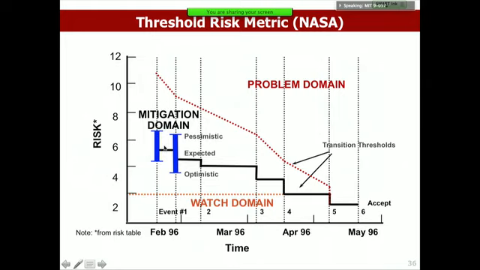Okay? And depending on whether you're before PDR or CDR, you could have very substantial risks. And that's, I guess, okay still, as long as you find ways to reduce the level of risk. For example, by doing extra testing, by changing your design to put in extra power margins, bigger solar panels, redundancy, for example.